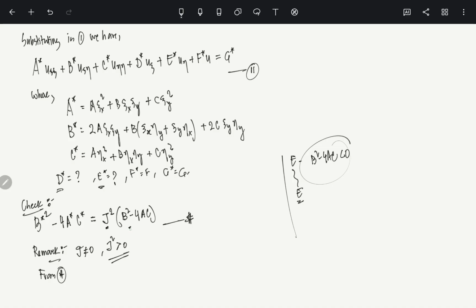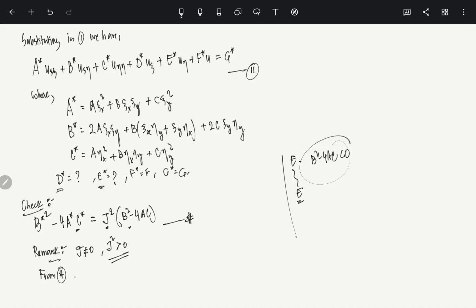So the modified discriminant, which is this, is also going to be positive. So essentially what we are trying to say is this change of variable does not change the behavior of the original equation. Right?